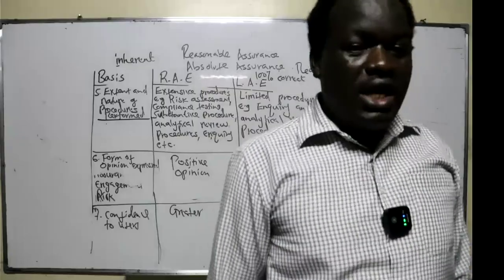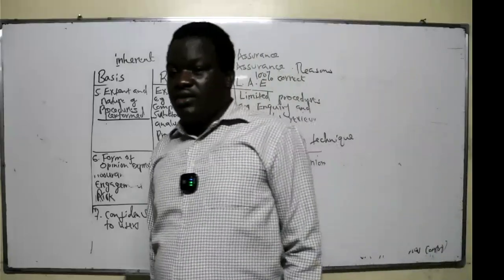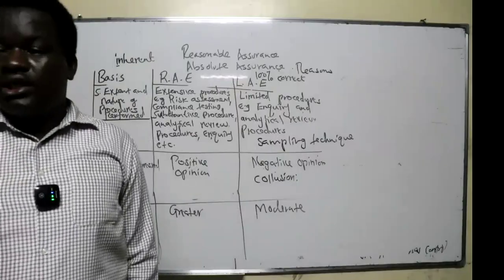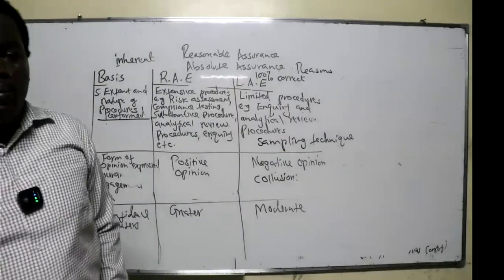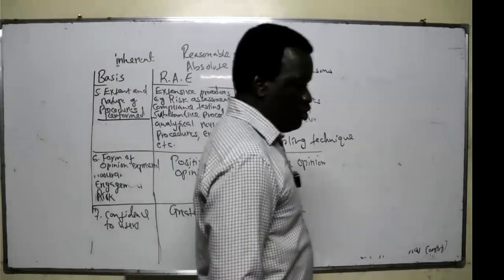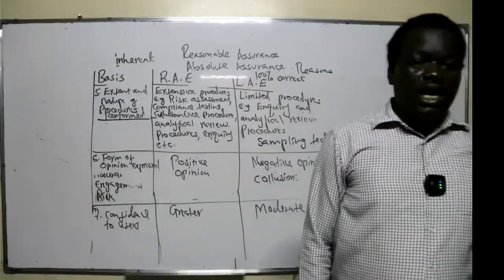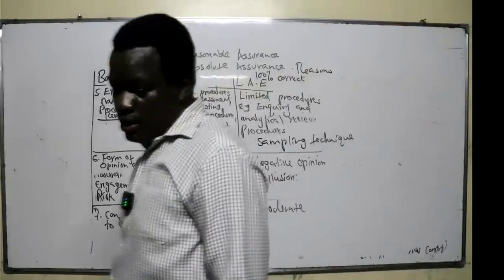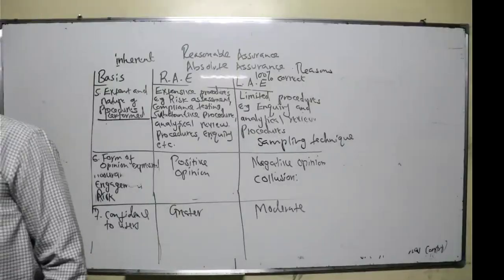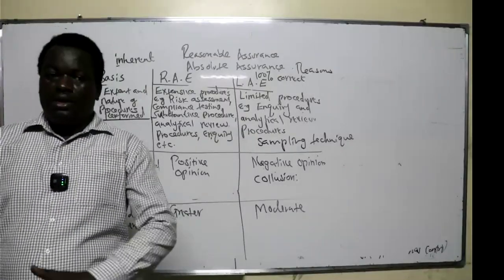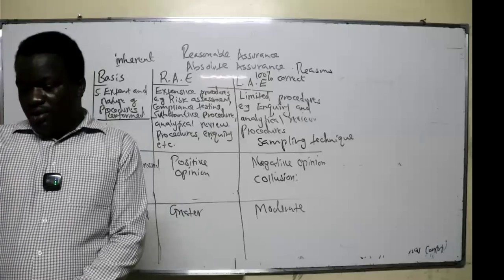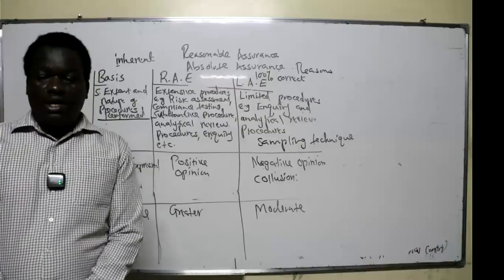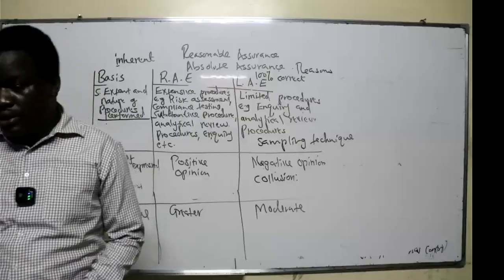Classification: attestation engagement and direct reporting engagement. Because of time, we will not have that discussion this evening. We shall pick that one up in our next lesson when we meet.